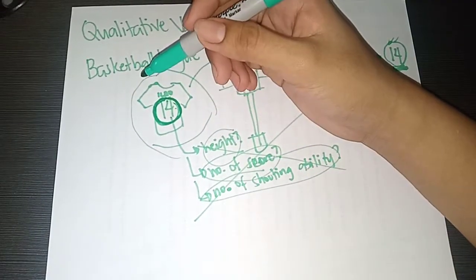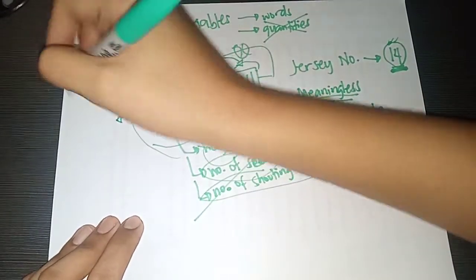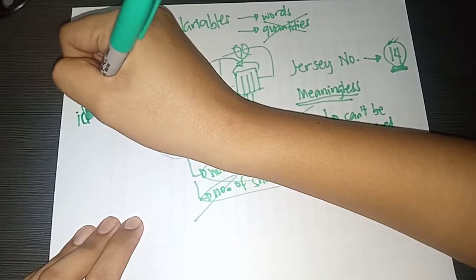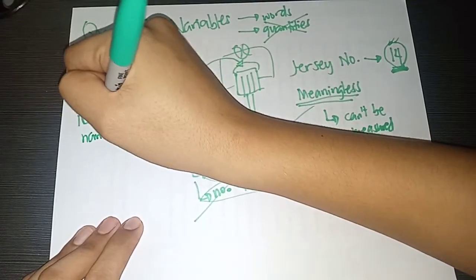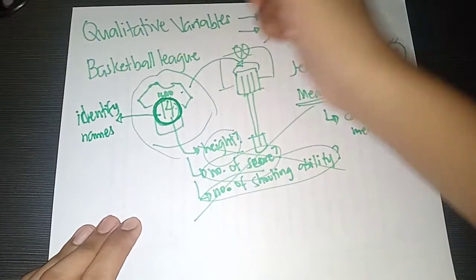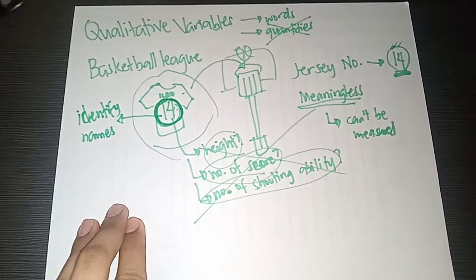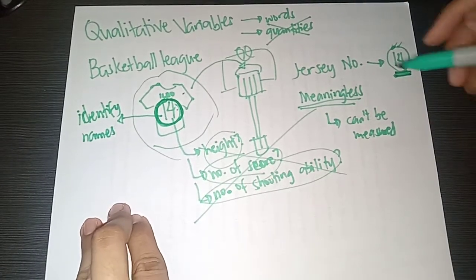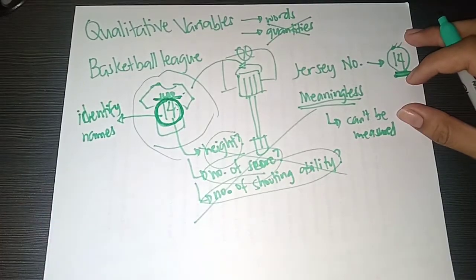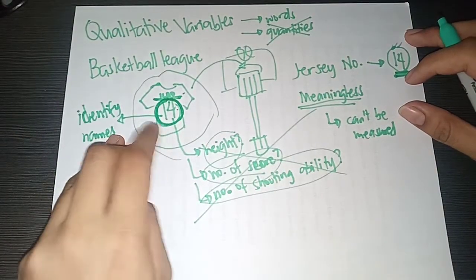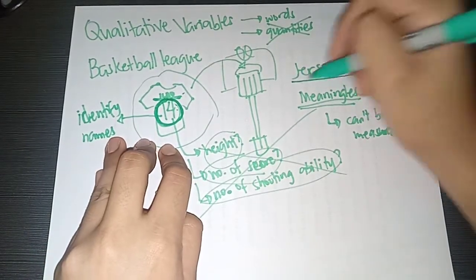This particular number can be used to identify names of a particular player. When the commentator states the number 14, it is actually pertaining to this player. So 14 is a possible value of the variable jersey number.